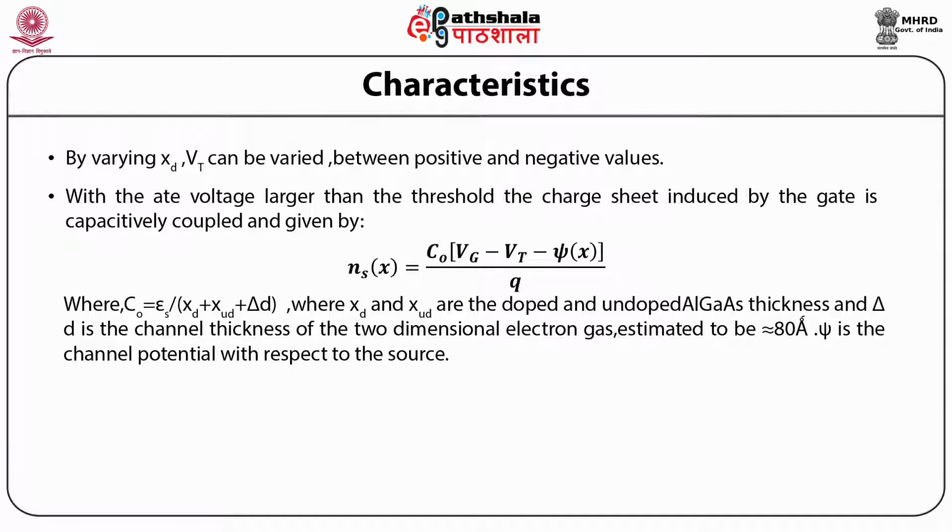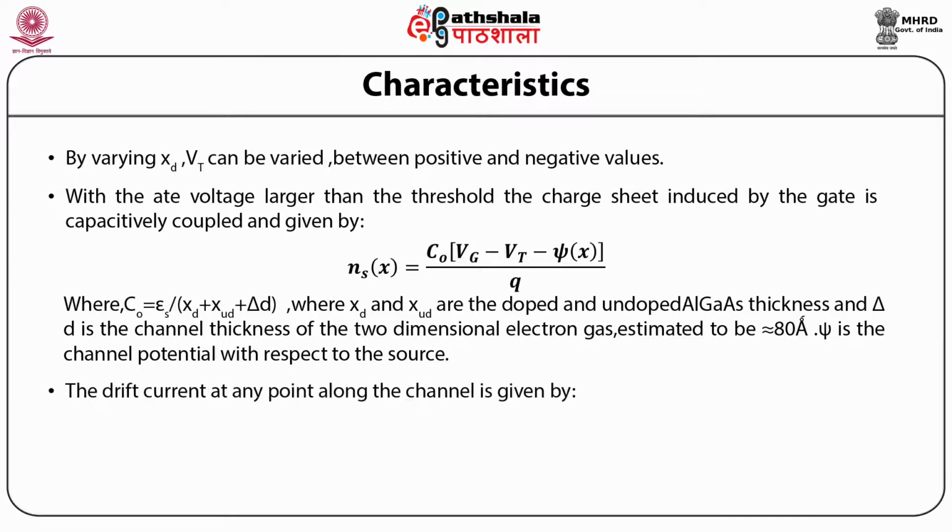Psi is the channel potential with respect to the source, and it varies from 0 to the drain bias Vd.